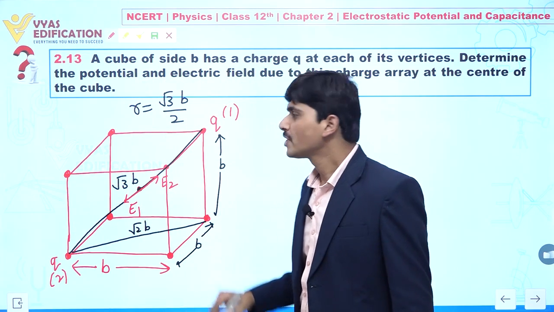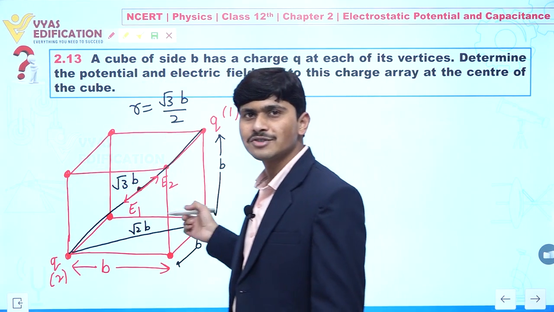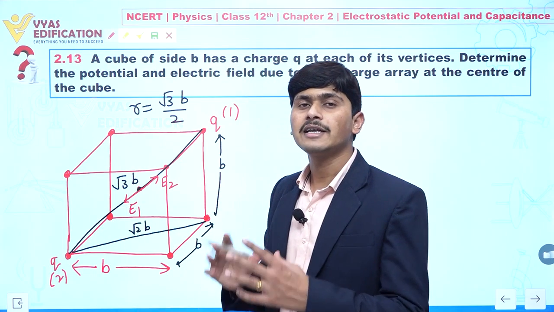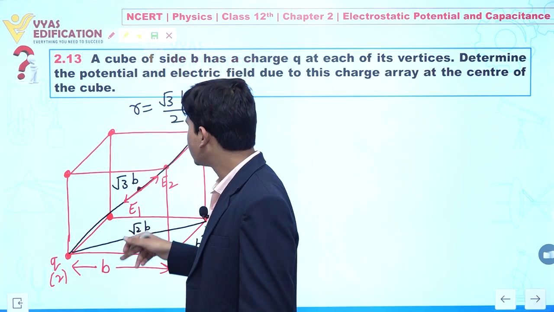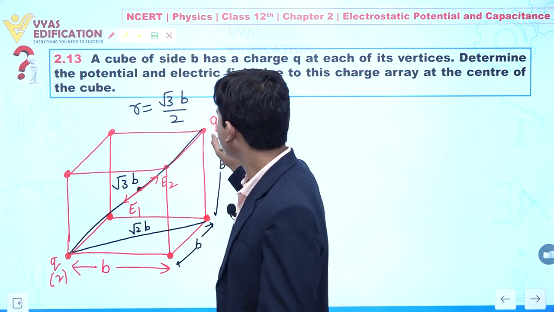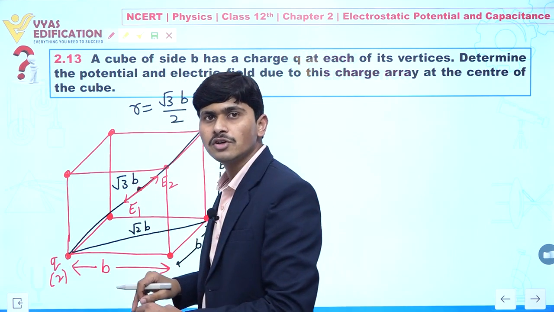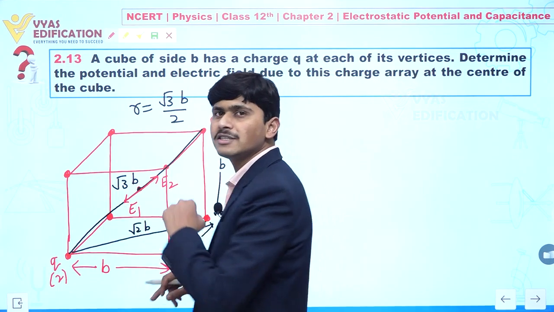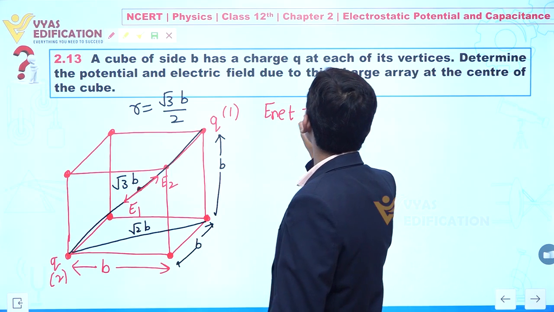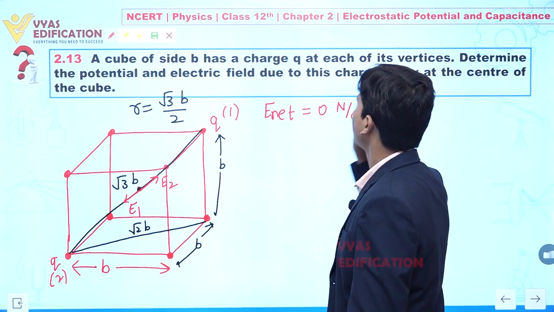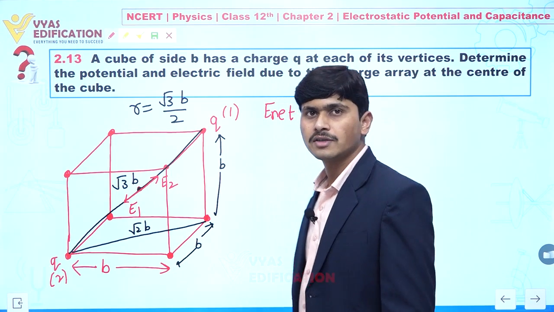Now the charge is the same and the distance is also the same, so the magnitude of electric field is also the same, and this magnitude is cancelled out by this charge and this charge, yes or no? Same we can say for the other charges also. It means at the center we will find the net electric field is equal to 0 Newton per Coulomb. Clear to everyone, yes or no?